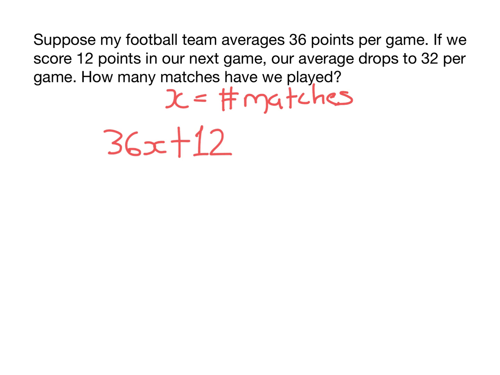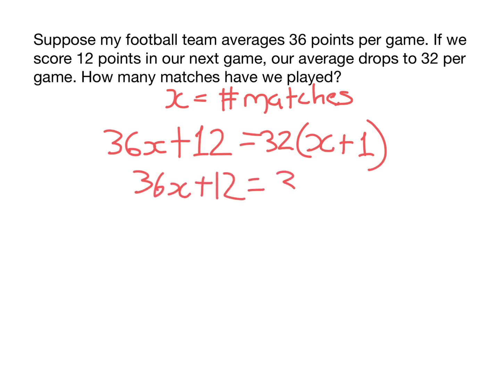Now, how do we write that our average drops to 32 per game? Well, we will have played x plus 1 matches. And if our average is 32, we simply times the average number of points by the number of games. This is the equation we solve, and it's a pretty easy equation to solve because we can just expand the brackets and then subtract the x with the lowest coefficient.